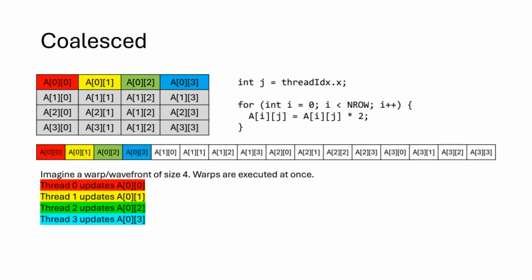If we move to this example, rather than iterating with J, what we iterate is the first component of the matrix with I. So if you run that on a CPU, it will break the caching, but on the GPU, it will be the right approach, because for each iteration in the for loop, each thread is executed at once.